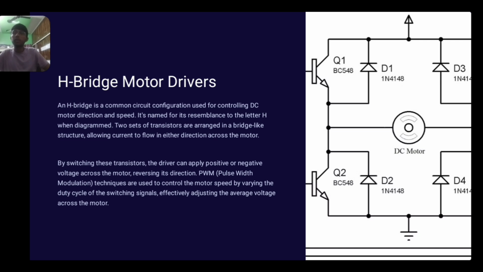By switching these transistors, the driver can apply positive or negative voltage across the motor, reversing its direction. Pulse width modulation techniques are used to control the motor speed by varying the duty cycle to switch signals efficiently, adjusting the average voltage across the motor. We can see the circuit diagram of these motor drivers in this picture.